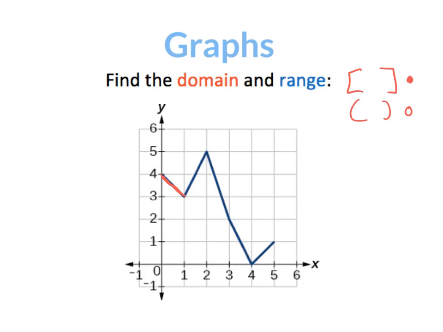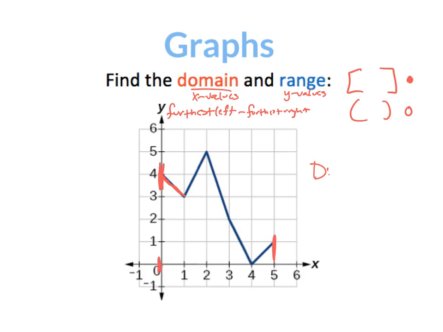Now, probably the easiest way to describe domain here is if you think about where the furthest left this goes, because remember, domain is all the x values, and range is all your y values. And so when you're finding domain, you're thinking about what's the furthest left to the furthest right. So if I were to describe domain here, the furthest left that goes for the x value is 0.